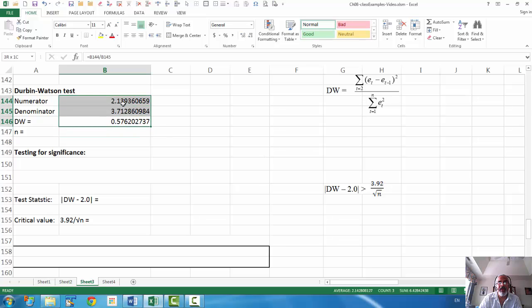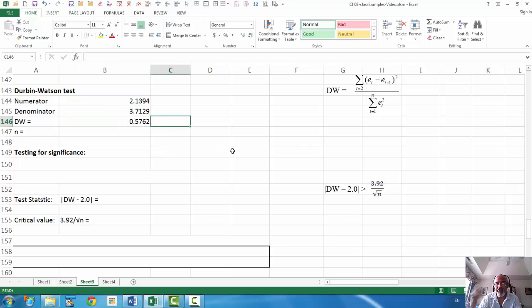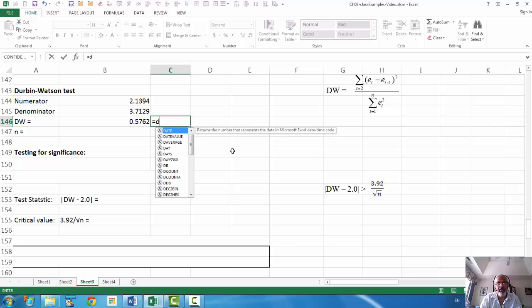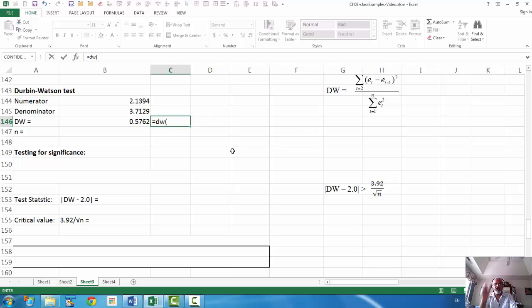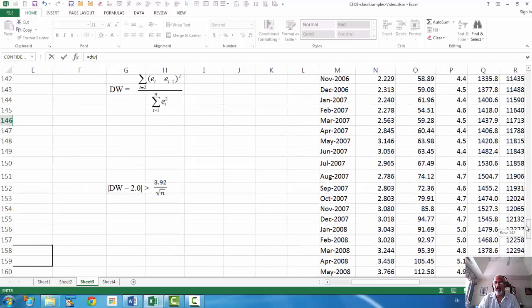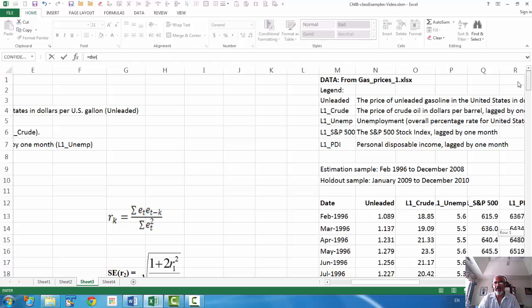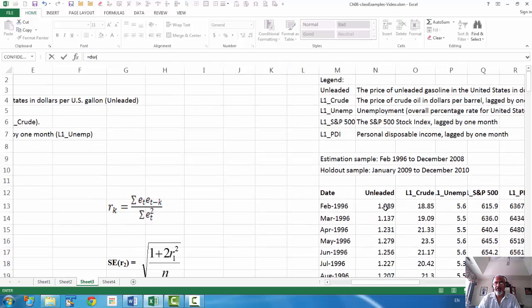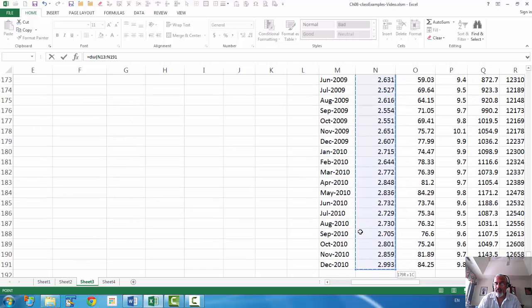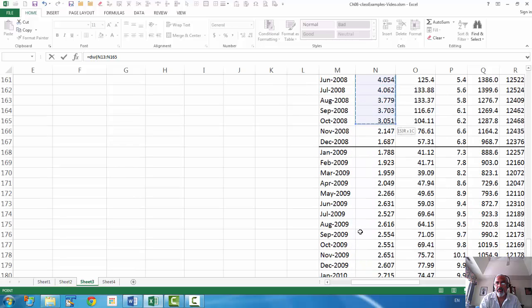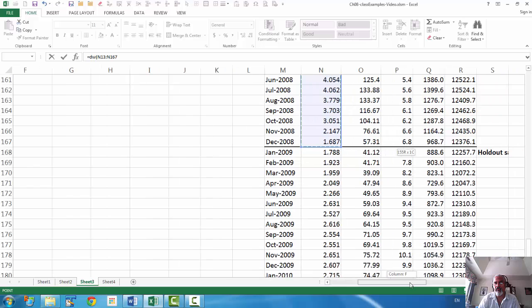Remember, DW is a value between 0 and 4. Now I have a function, like the MAE and MASE functions, for DW, so we can use the DW function. The DW function has two ranges as input. One is the Y range, so we have to go back to the original data. The Y range is the cost of unleaded gas, and we need to go only up to the end of the estimation sample, because that's what we've used.